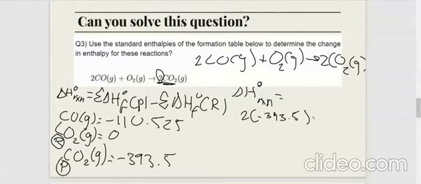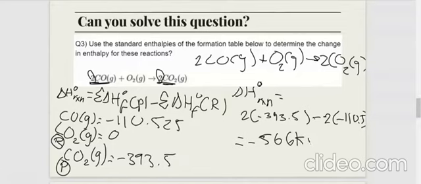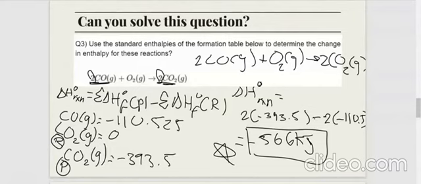Then we have to subtract 2 times negative 110.5, because again, as you can see here, we have 2 moles of CO, and if you do the math, it will be negative 566 kilojoules. Okay, we're done with this.